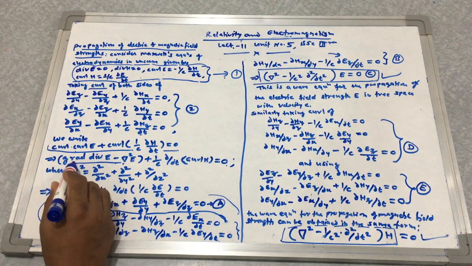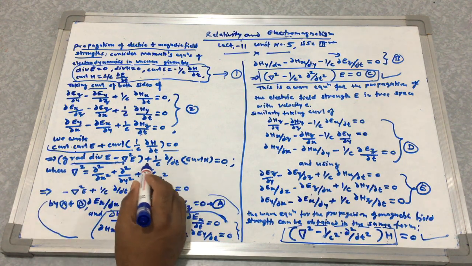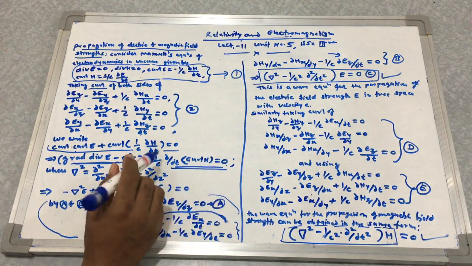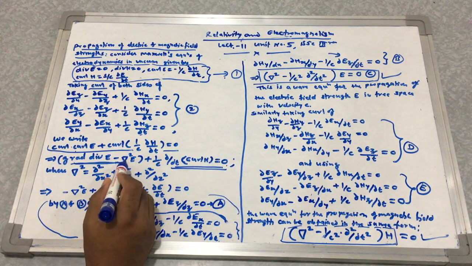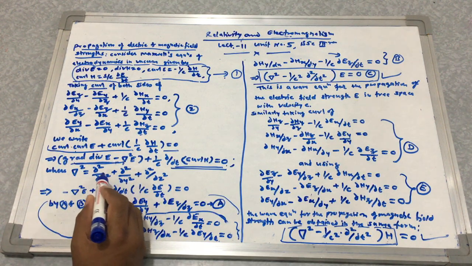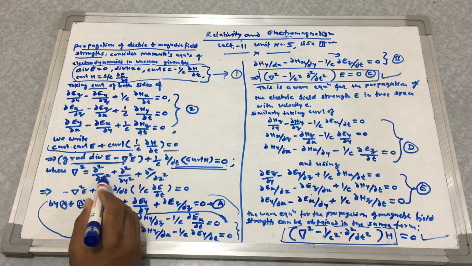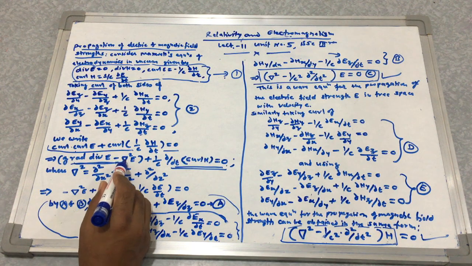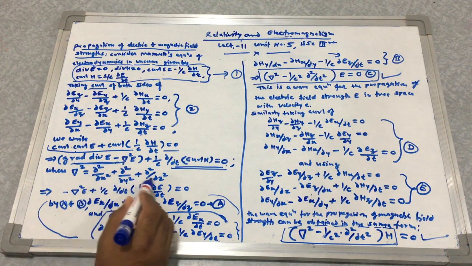This is the part of the electric field and this is the part of the magnetic field. Both the parts are taken together. So this is the del square. This del square is equal to del square upon del x square plus del square upon del y square plus del square upon del z square.